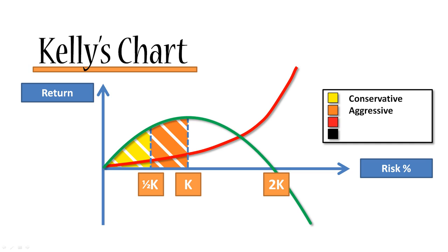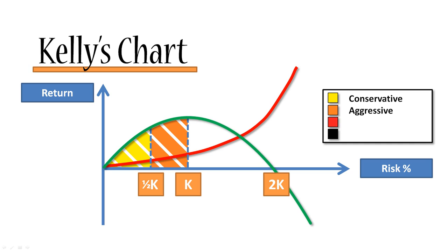If you're risking anything in that area, you're getting better returns, but your volatility is also going up. So if you do incur a loss, it will take you longer to get back to the balance that you had before you incurred the loss. And let's not forget here that the red line is compressed, so in reality it is growing exponentially. In the orange section, the volatility is much higher than in the yellow section.